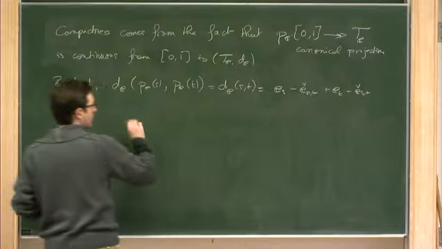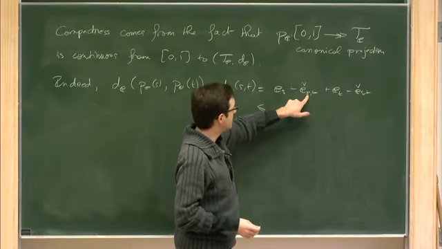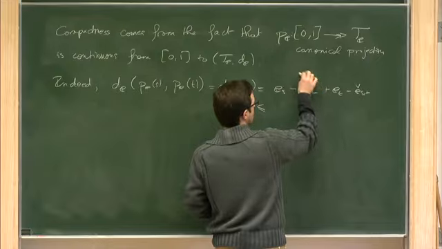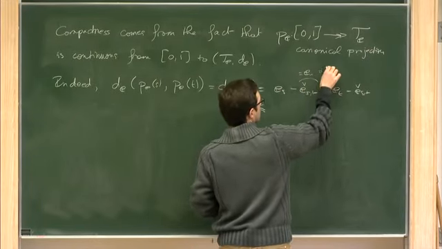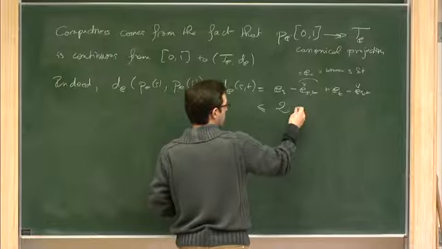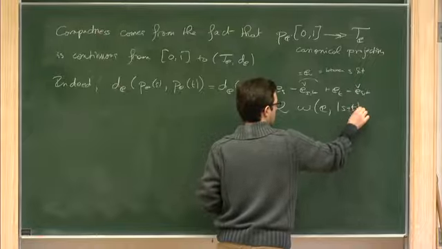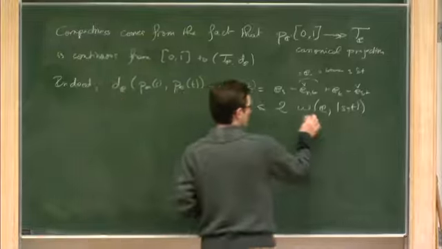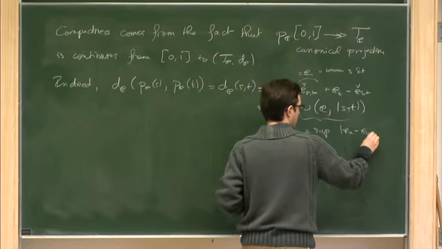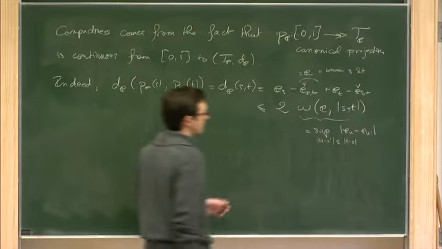And now you see that this has to be less than the modulus of continuity of E in the interval between S and T, because this E check S,T you can write as E of U for U between S and T. Therefore this is certainly less than twice the modulus of continuity of E taken at the value T minus S. By definition, this is the sup of E of U minus E of U prime for U minus U prime less than T minus S.